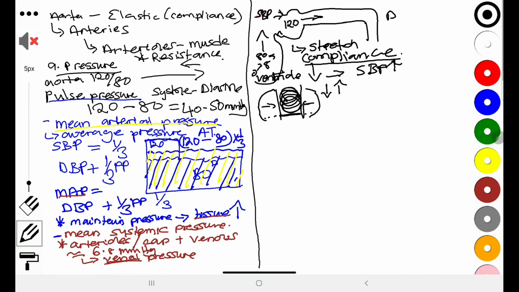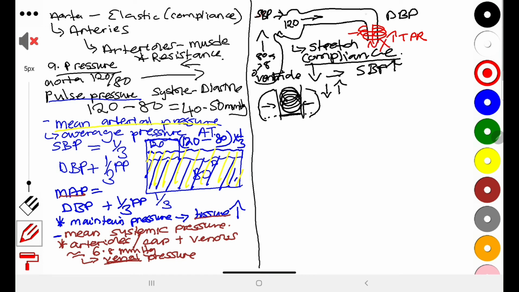Secondary to this, you want to talk about DBP. Now, in DBP, if you remember, these are the arterioles. They are highly muscular. And what will happen is that if there is contraction there that goes on, there's an increase in the total peripheral resistance. And if there is an increase in resistance, it means blood cannot move on to the venous side.